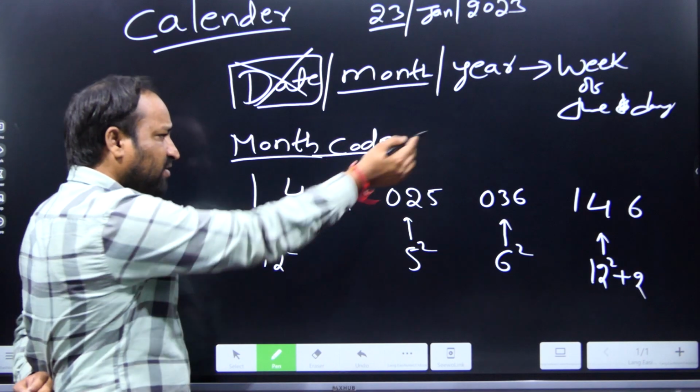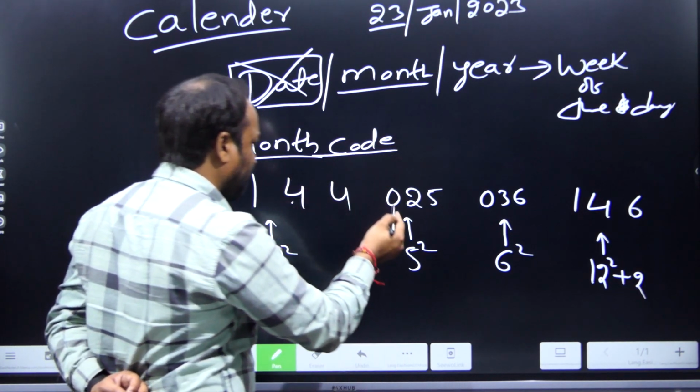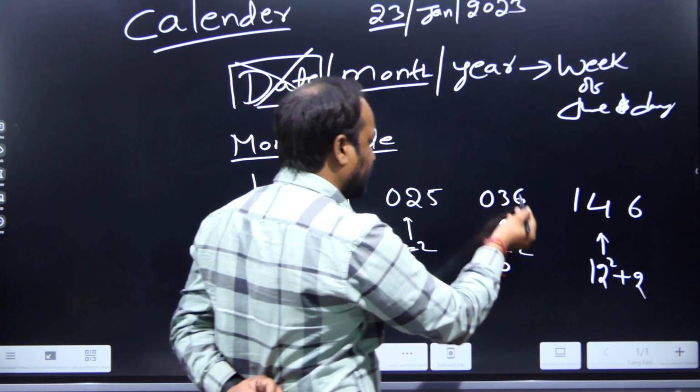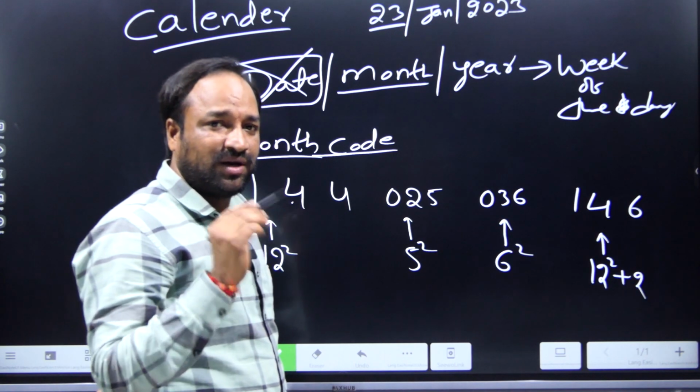For the 12 months, we are counting 12 codes, 1, 2, 3 up to 12.